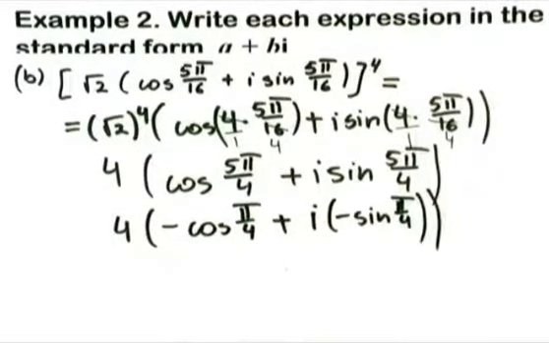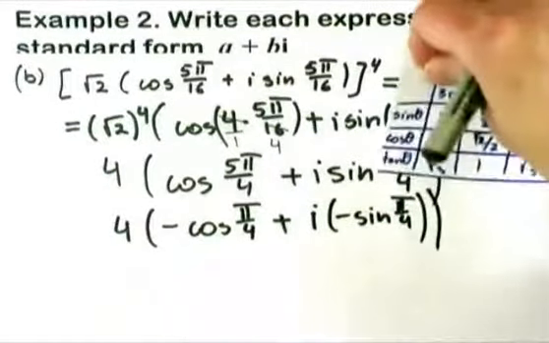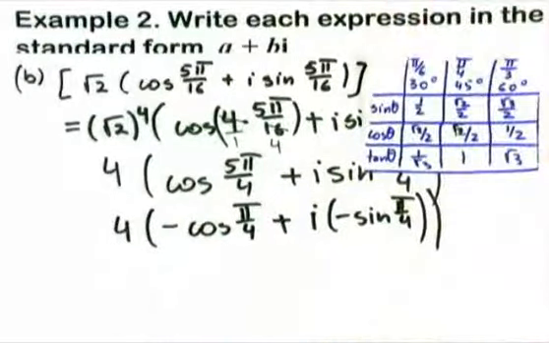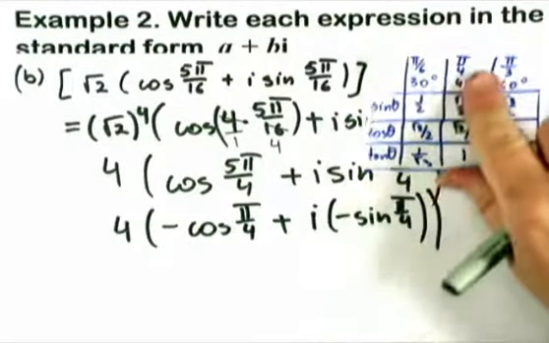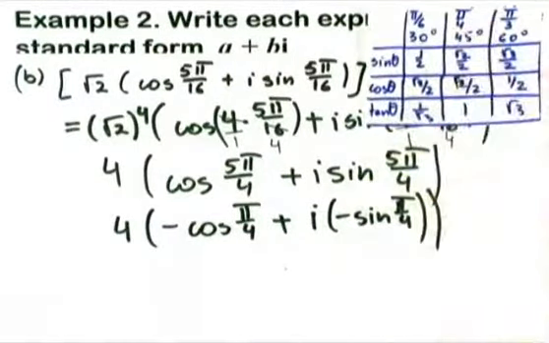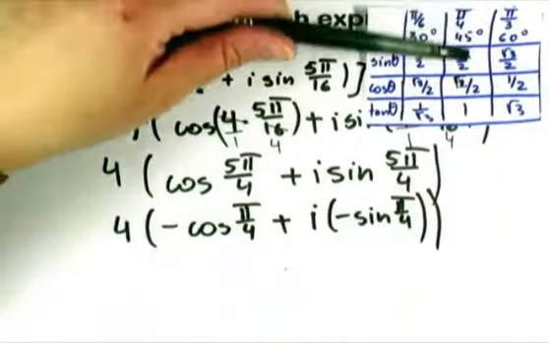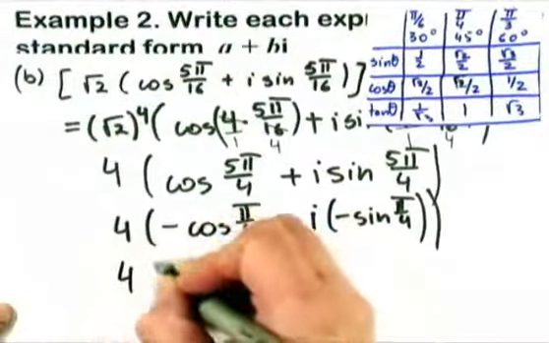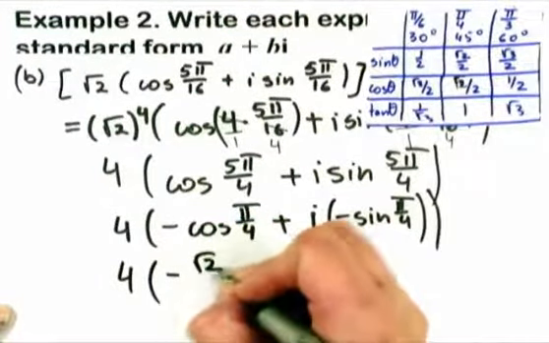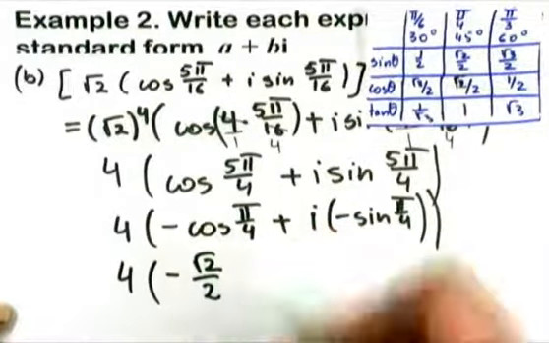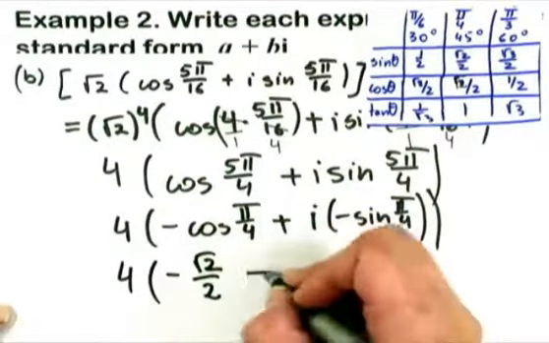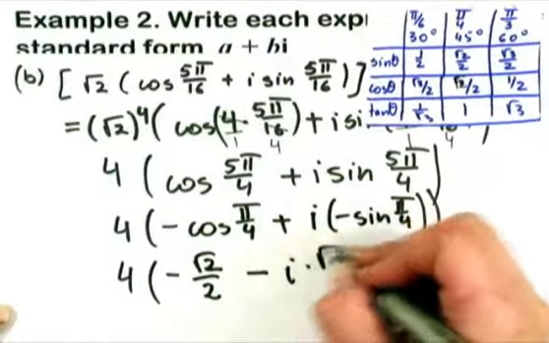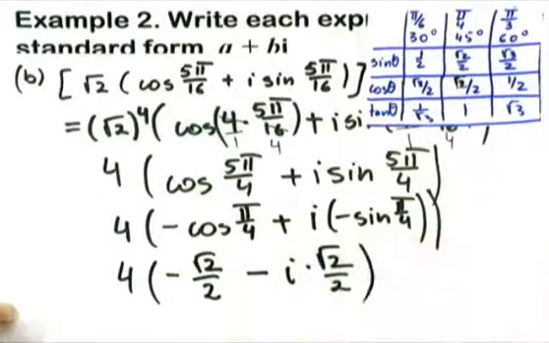Now we need to use our chart for exact values. For pi over 4 right here, it's root 2 over 2 for both of them. So we have 4 times minus root 2 over 2. This minus can go in front, minus I times root 2 over 2.